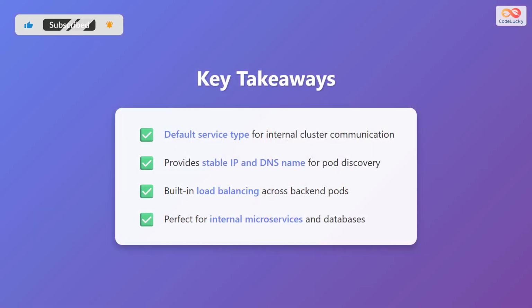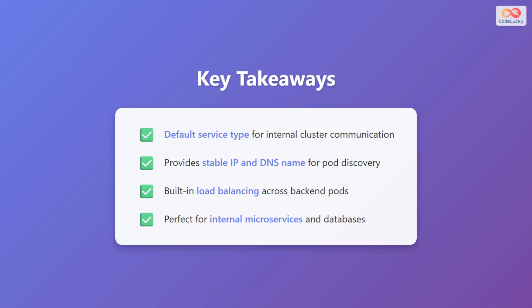Let's summarize what we've learned about ClusterIP services. First, ClusterIP is the default service type for internal cluster communication, automatically selected when no type is specified. Second, it provides a stable IP address and DNS name for service discovery, ensuring reliable pod-to-pod connectivity.